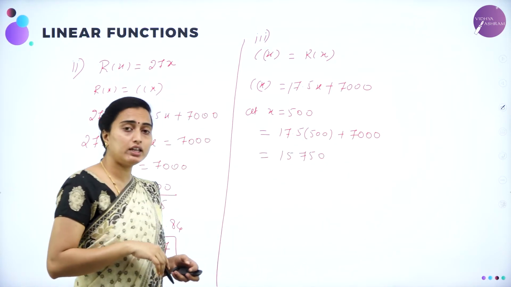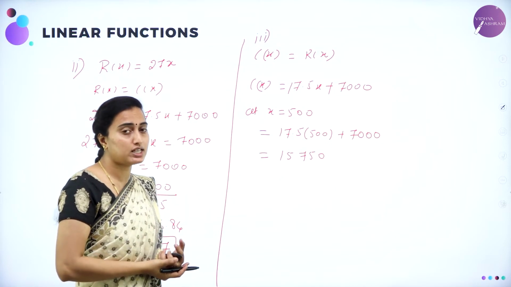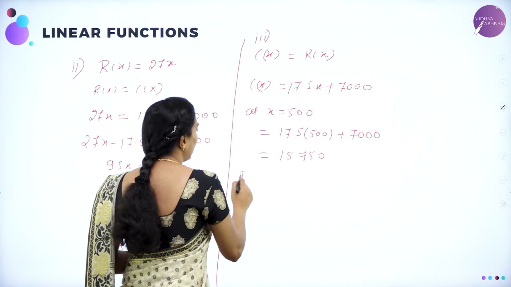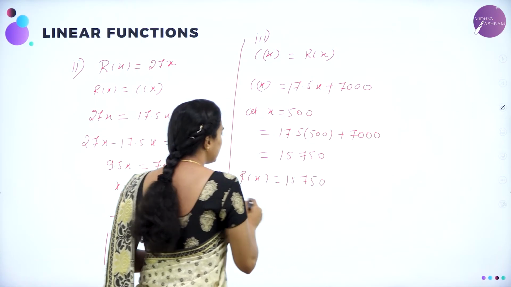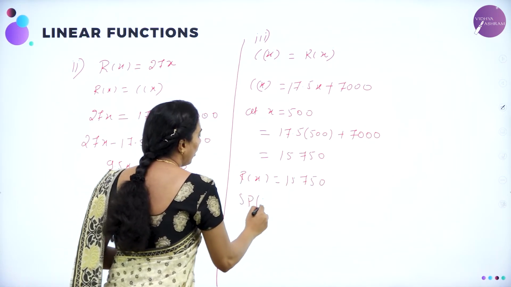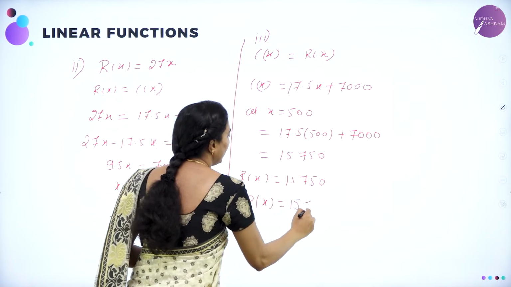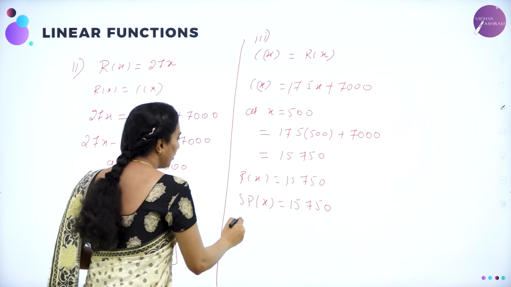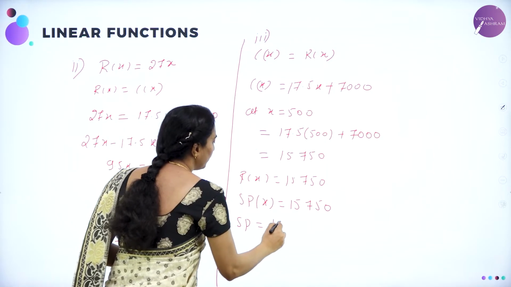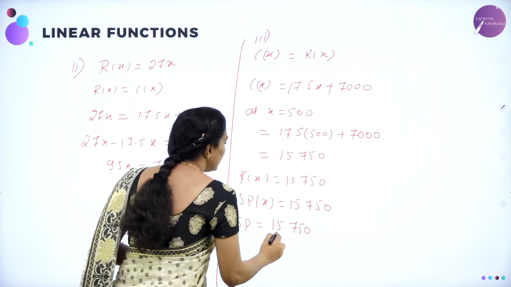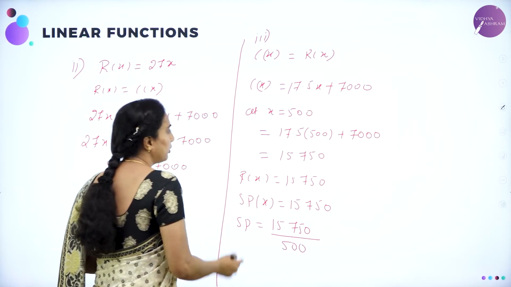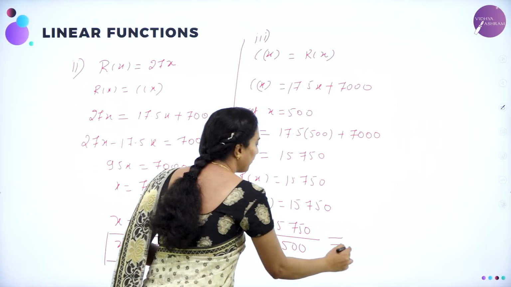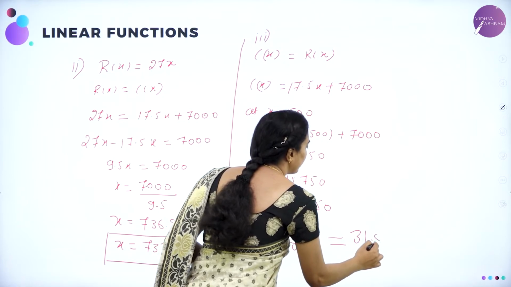Now these both are equal, so what will be the selling price? R of X will be equal to 15,750, meaning the selling price times X will be equal to 15,750. Now selling price will be equal to 15,750 divided by X. X replaces 500 because they have given that, which gives 31.5.